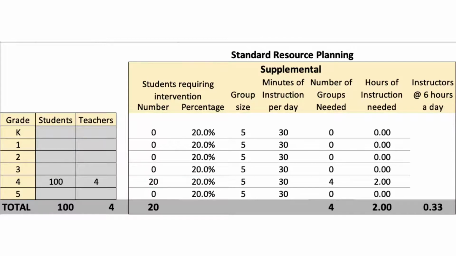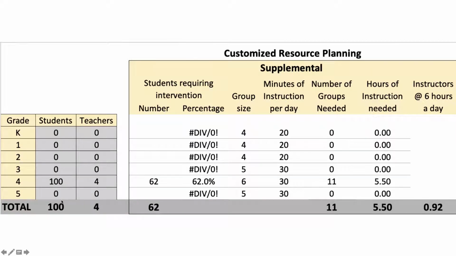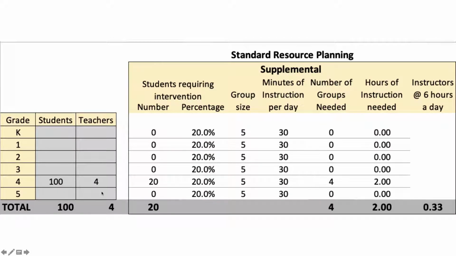So this team first looked at their grade size of 100, which can be found here, and their number of teachers, which is 4, which can be found here. And notice if they had 20% of their grade level requiring academic intervention, or 20 students, with a group size of 5 and minutes per day of instruction at 30, that would require 4 groups at 2 hours per day and a third of a full-time position to fulfill.